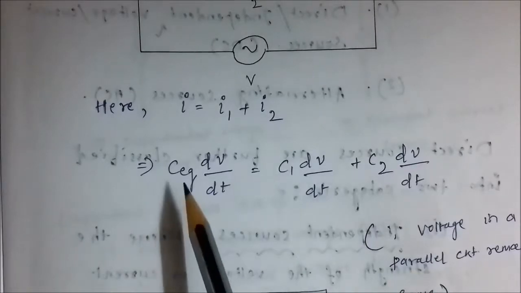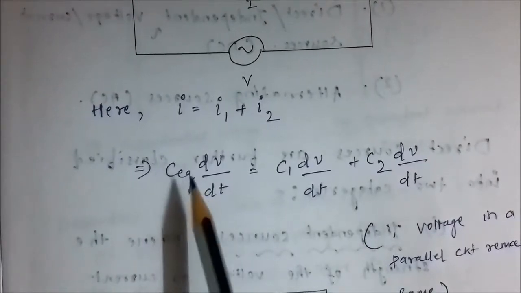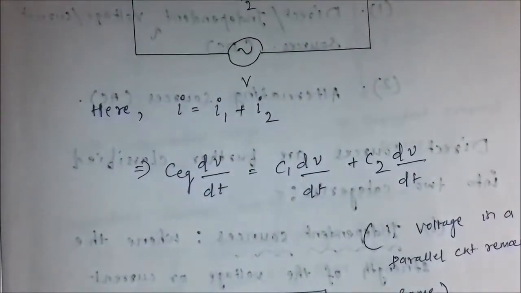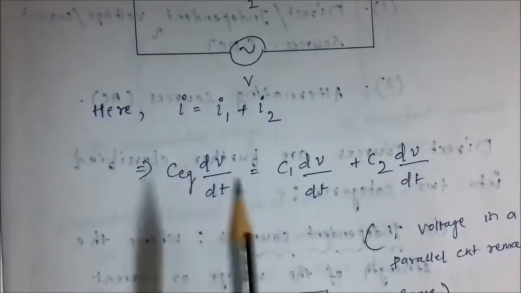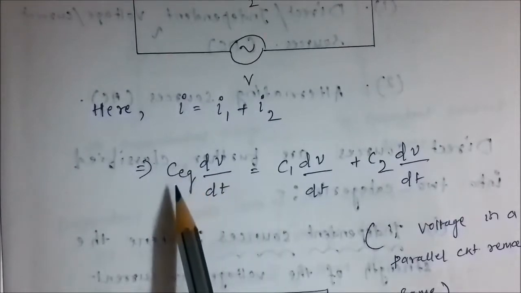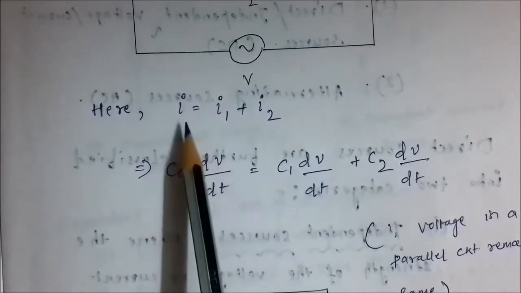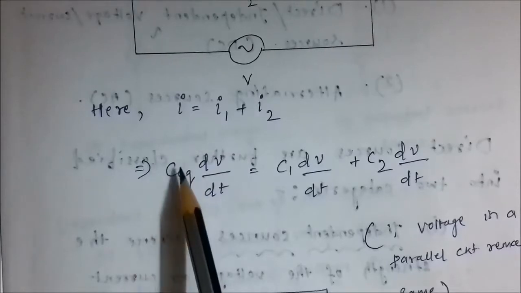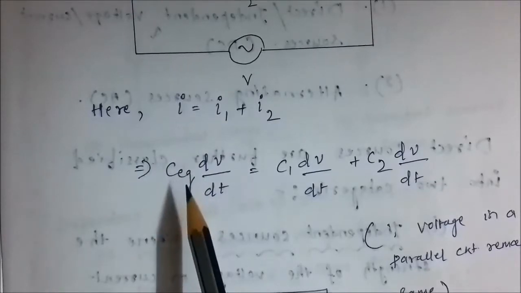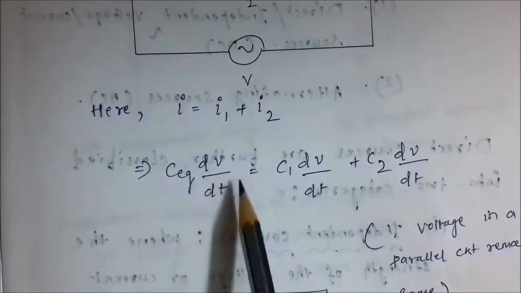Now C equivalent is the equivalent capacitance of this parallel combination circuit. Now the voltage across each of the capacitors is the same as they are connected in parallel. Now the expression for current flowing for a capacitor is given by C dV by dt.